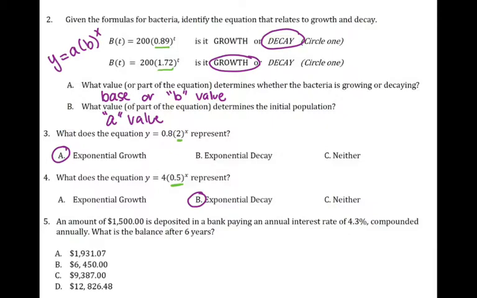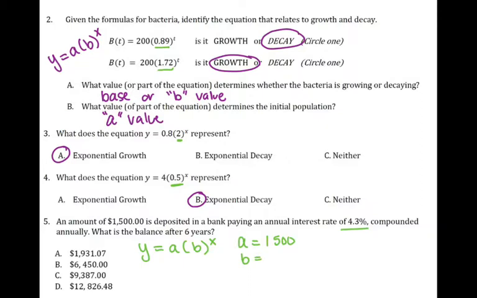All right. An amount of $1,500 is deposited in a bank paying an annual interest rate of 4.3% compounded annually. What is the balance after 6 years? I'm going to use our exponential equation and start by identifying a and b. A is my initial amount, and my initial amount is the $1,500.